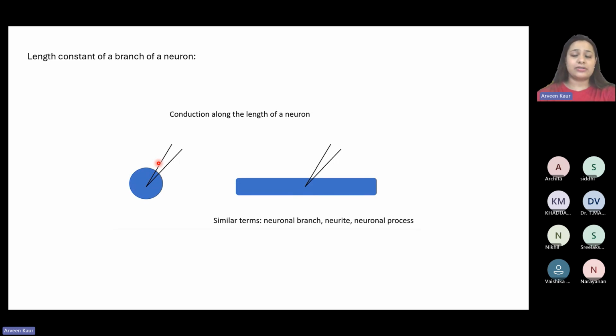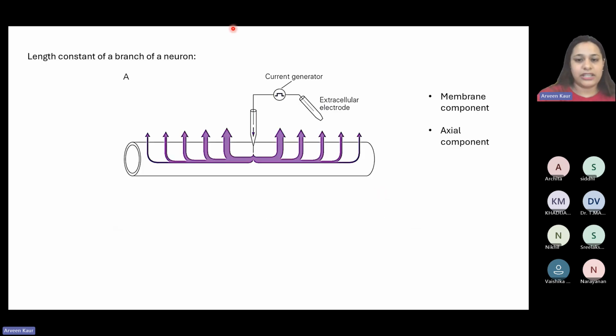But usually the conduction is happening across dendrites or across axons, which are longitudinal, right? So they look more like this. And once they are more longitudinal, at the point of injection over here, there will be the maximum current. And this current will keep on reducing as we go farther and farther away from this point of injection, right?